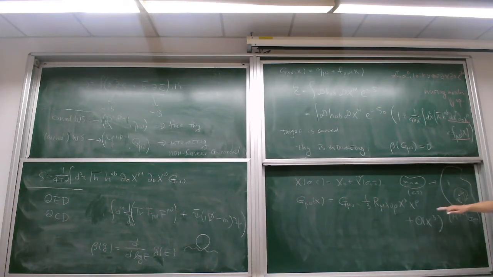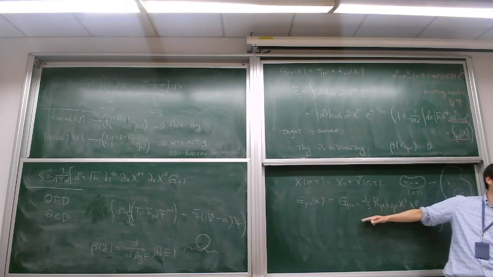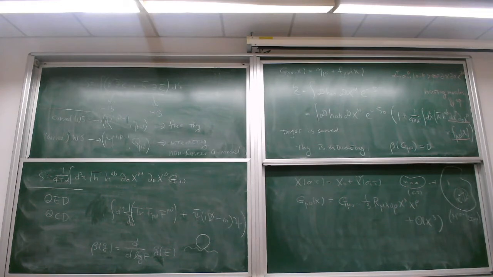If you do the Taylor expansion, the second derivative is captured by the Riemann curvature, right?